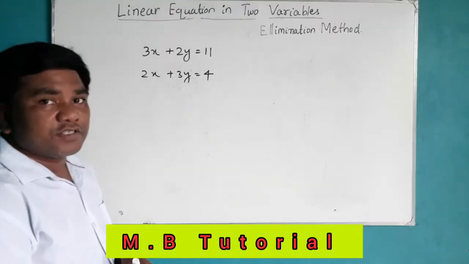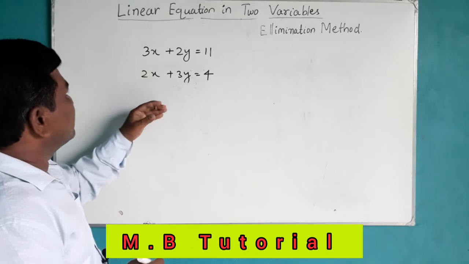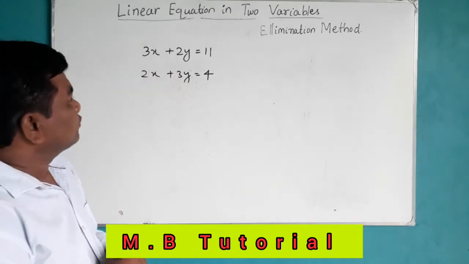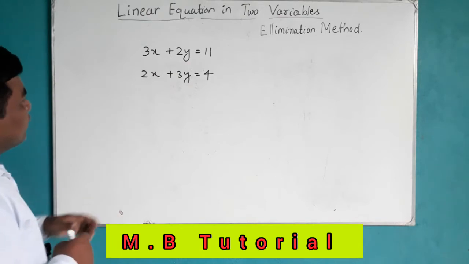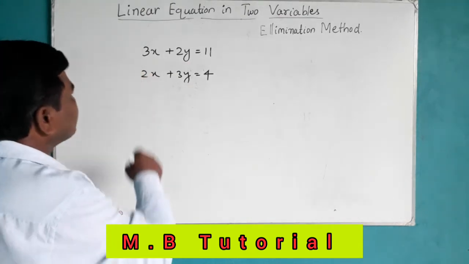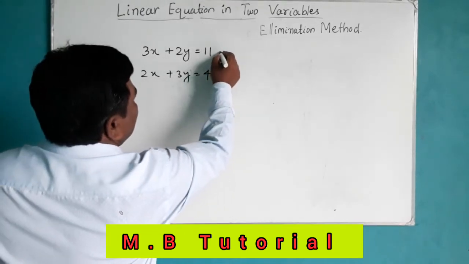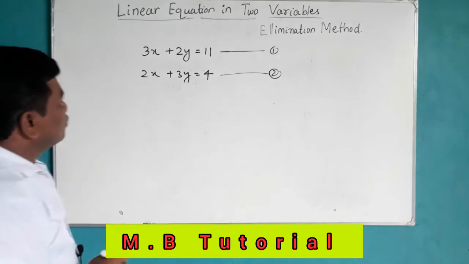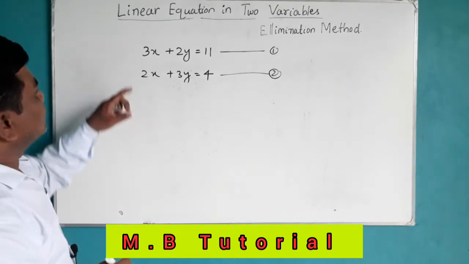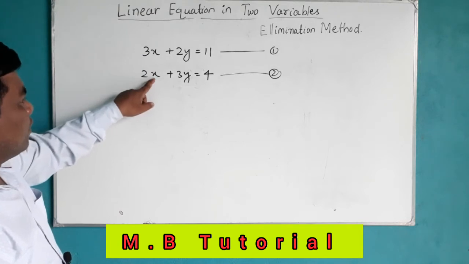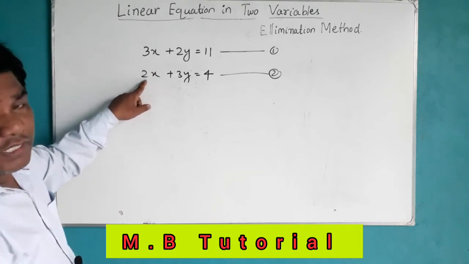With two linear equations, we have to eliminate one variable out of these two variables. So let us eliminate the variable x. Before that we call these equation 1 and equation 2. Now here the coefficient of x is 3 and the coefficient of x in equation 2 is 2.